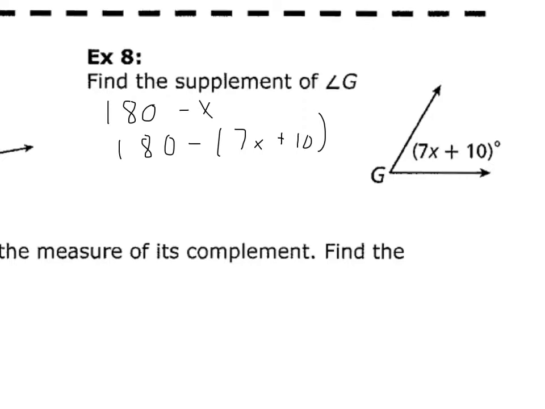If we distribute that, you get 180 minus 7x minus 10, and if we combine like terms, you get 170 minus 7x. So the supplement to 7x plus 10 would be 170 minus 7x.